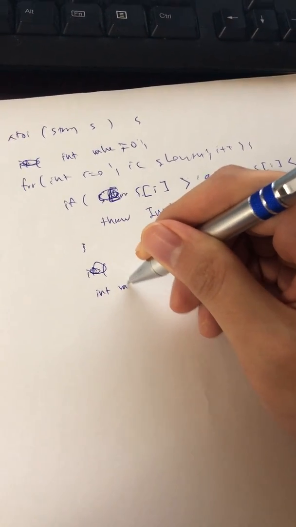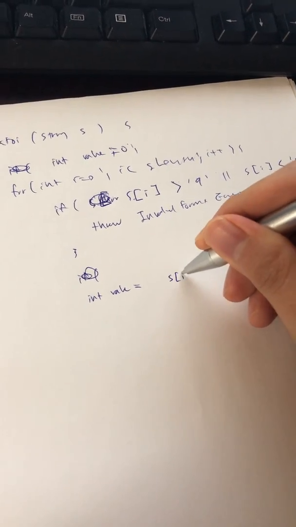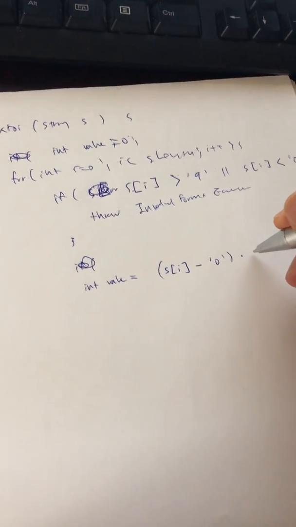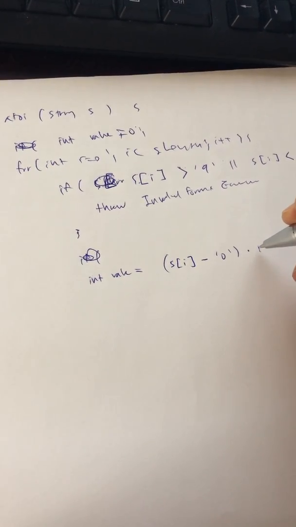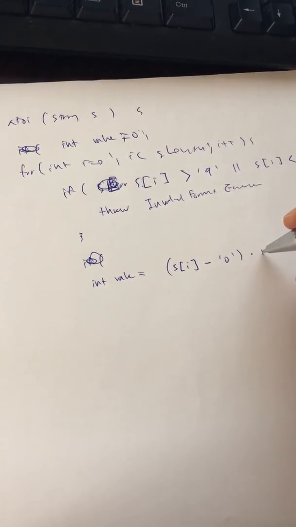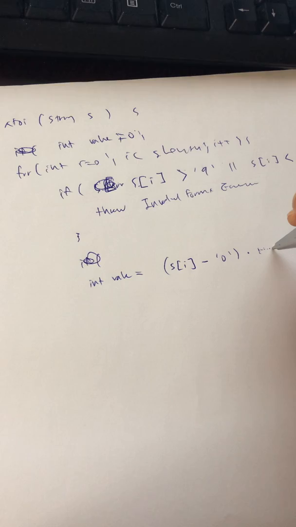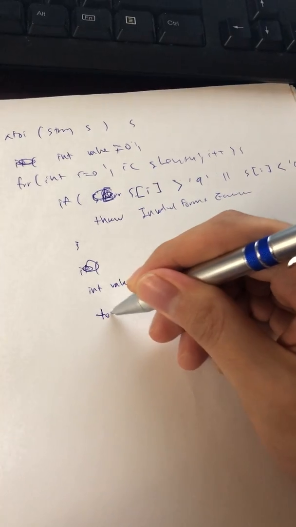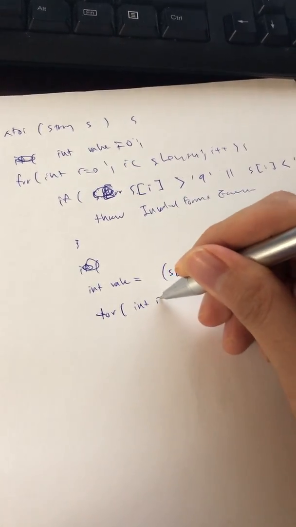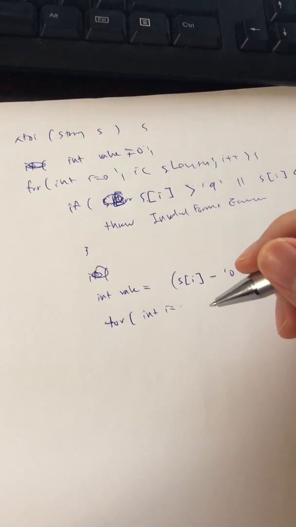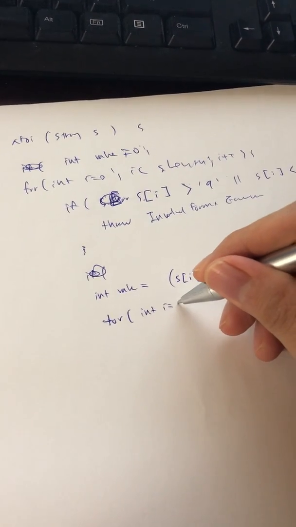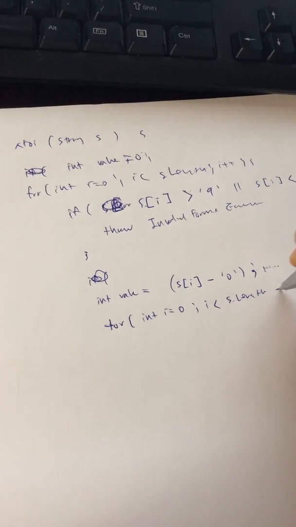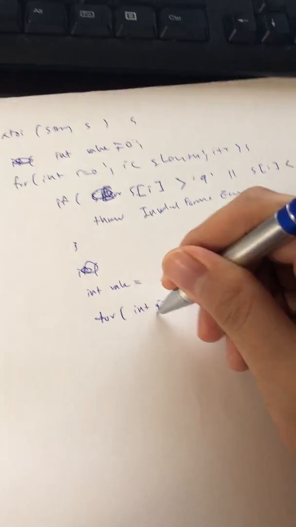So int value is s.charAt(i) minus character 0 times... So I'm going to do that, and then for int j is equal to 0, j is less than s.length minus i, so it should be j.